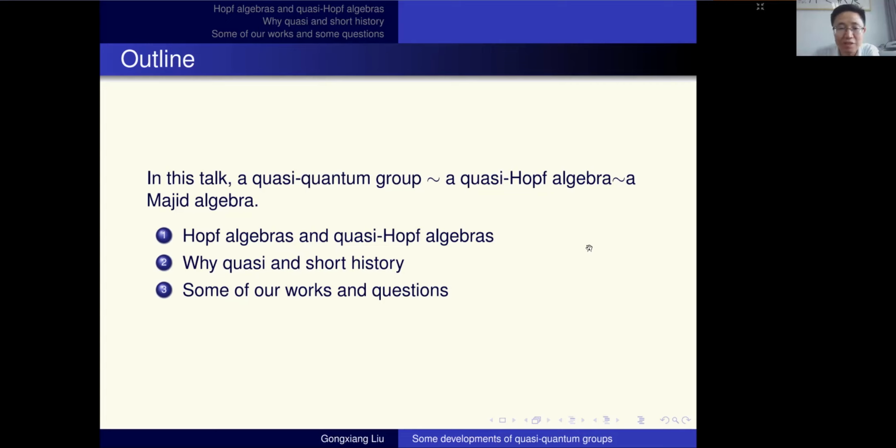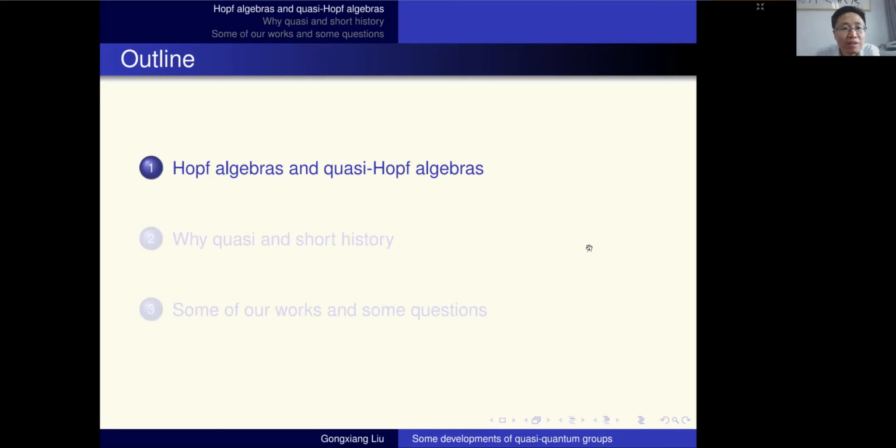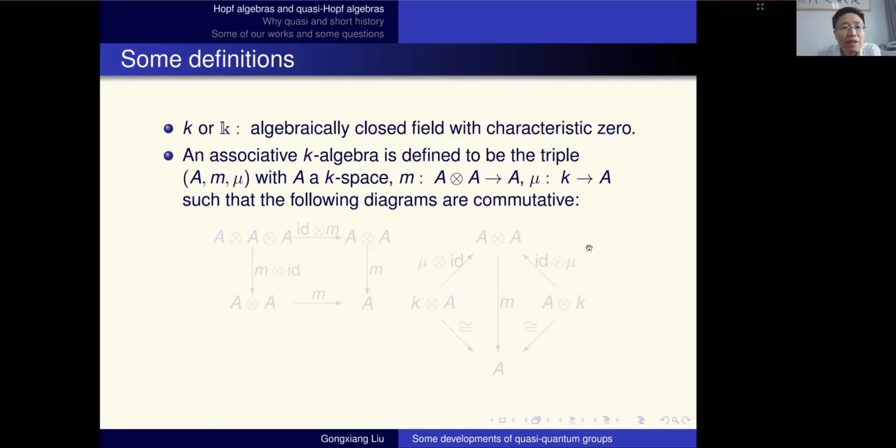We need to explain its concept at first. In my talk, K means an algebraically closed field with characteristic 0.